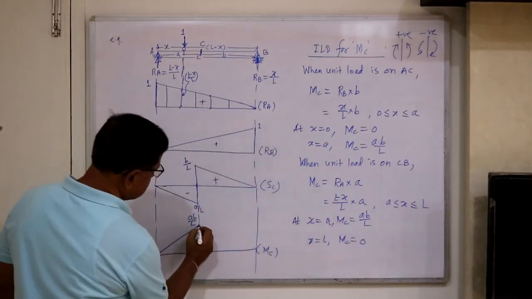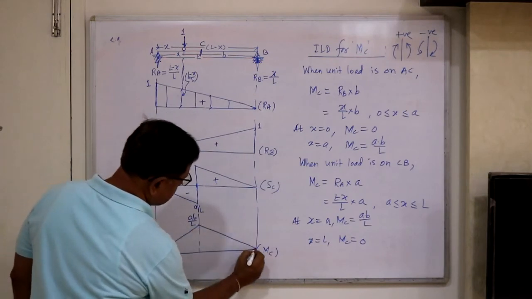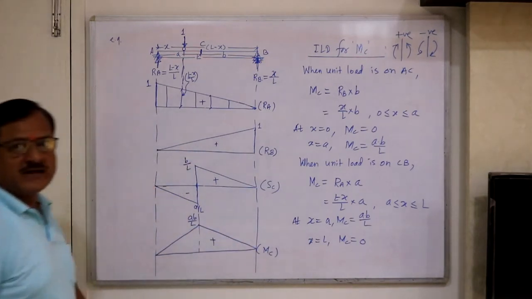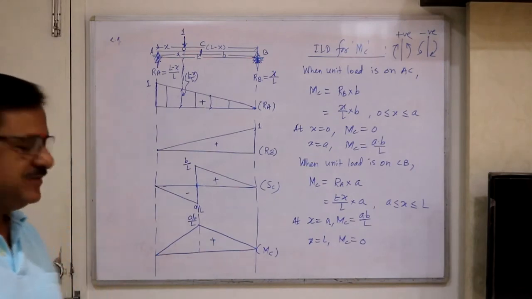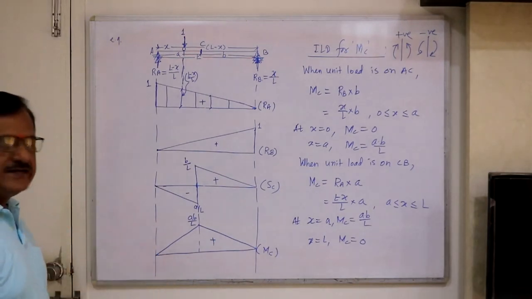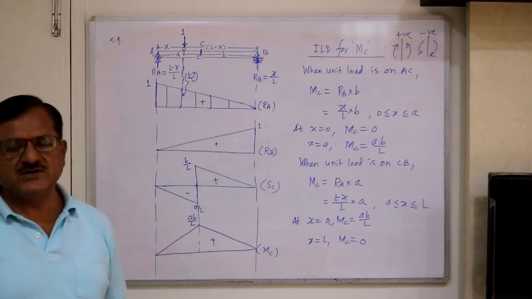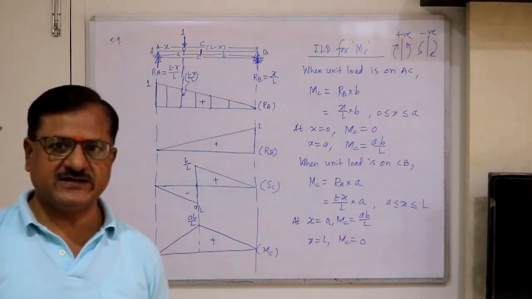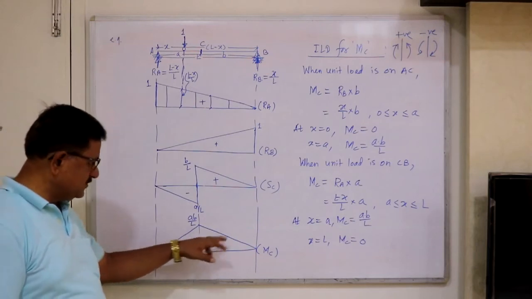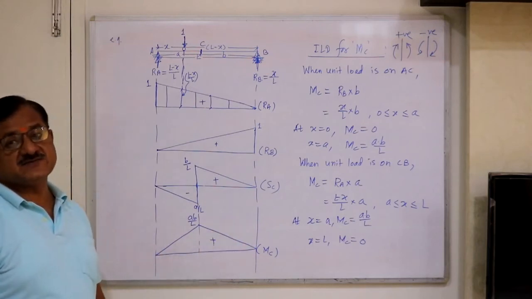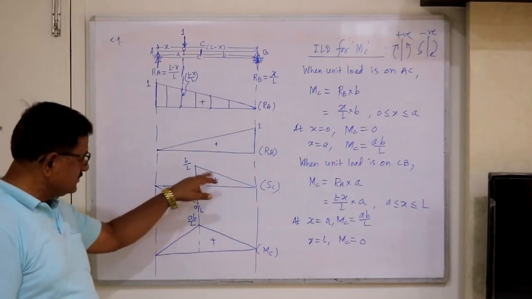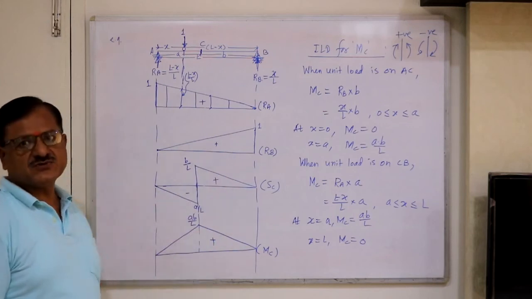So that means you will get the ILD for bending moment. So this is the ILD for bending moment. Variation is linear. That means for each and every ordinate, if it is upward we show positive, and downward of the reference line we show negative. Now every ordinate of this diagram represents bending moment. Every ordinate of the other diagram represents shear force.